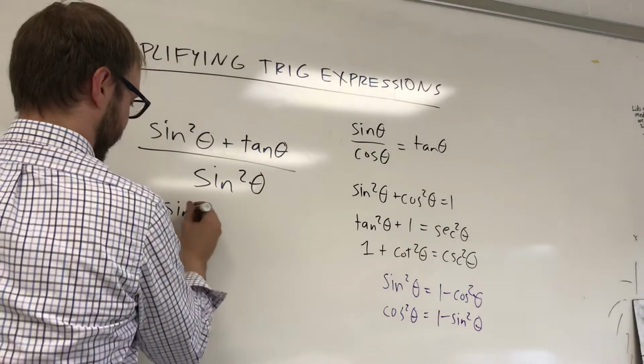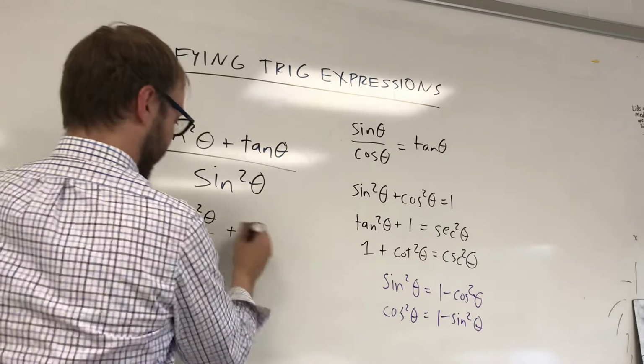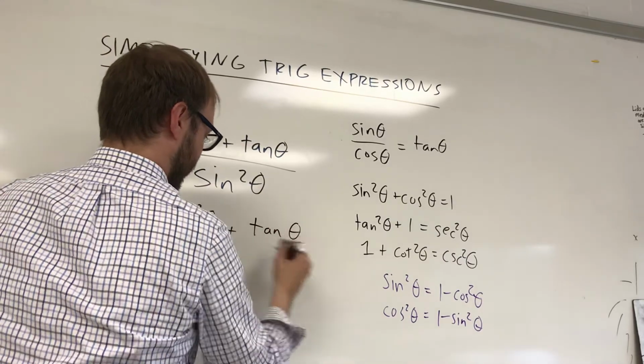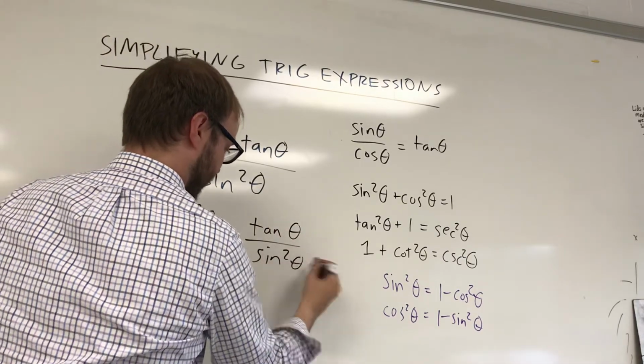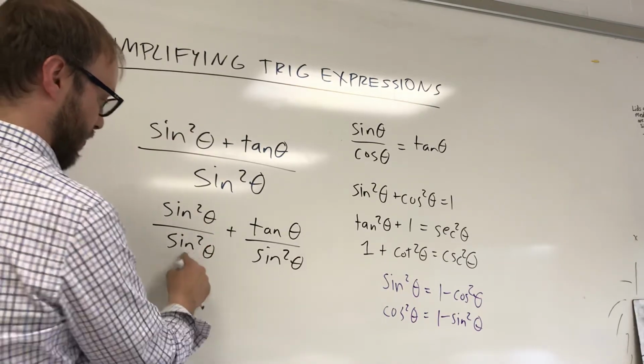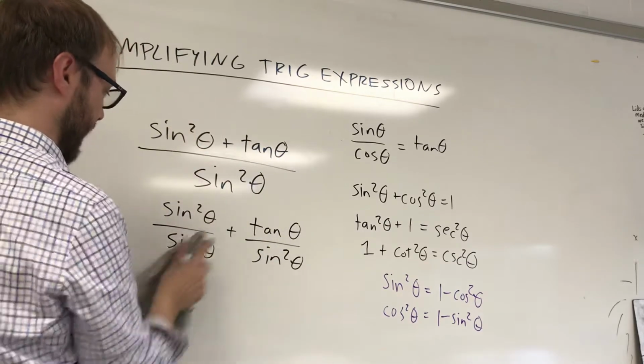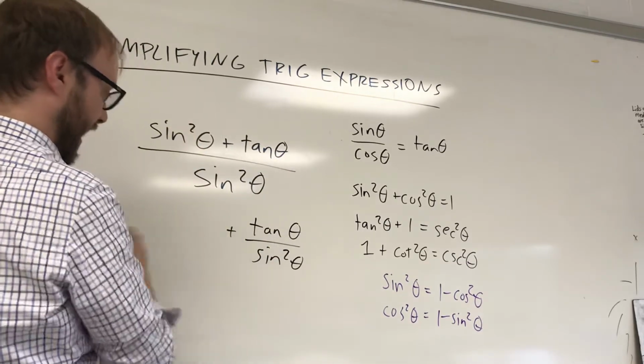So you could write this as sine squared of theta over sine squared of theta, okay, plus tangent of theta over sine squared of theta. And so, for example, here, this is going to equal 1. So notice we've got a common denominator here. You would add your 2 numerators, and so this will be the equivalent. That just simplifies down to 1.